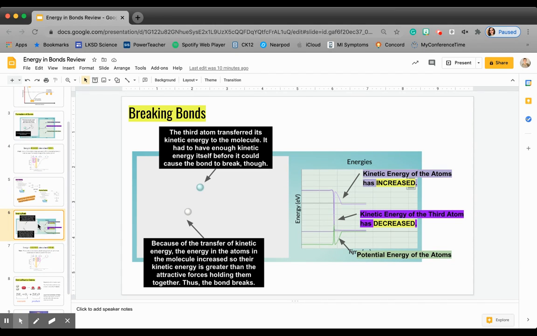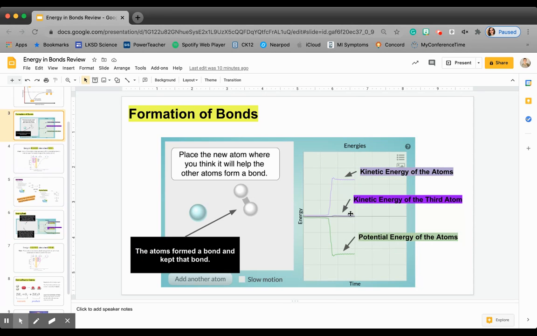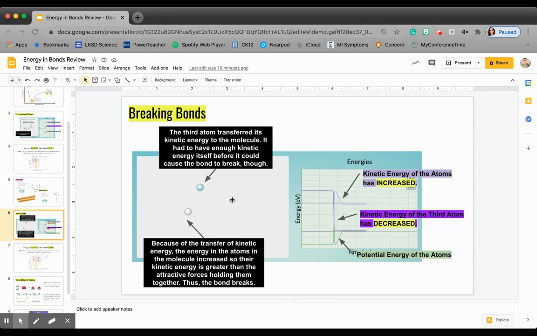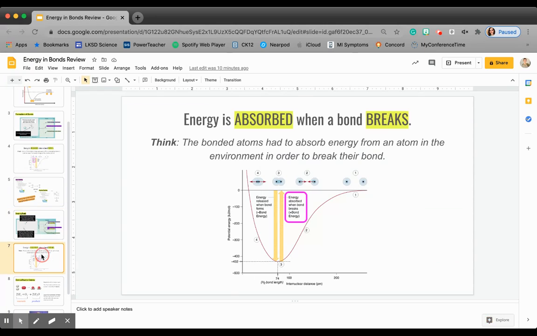Now, when that kinetic energy is transferred to that molecule, it's the exact opposite of what we were doing when we were forming bonds. That molecule will have too much kinetic energy, the bond will break, and that's the end of that scenario. So the big idea there, energy is absorbed when a bond is broken.